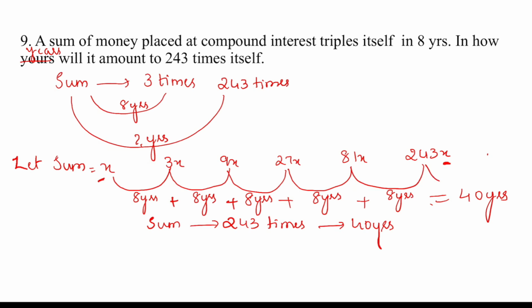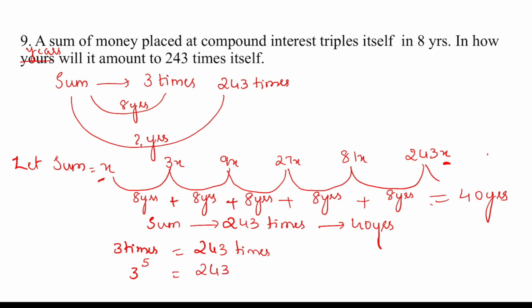So what we can do is, we have to see 3 times and 243 times. How much is 243? What is the relation between 3 and 243 we should see? So 3 raised to 5 is equal to 243, isn't it?